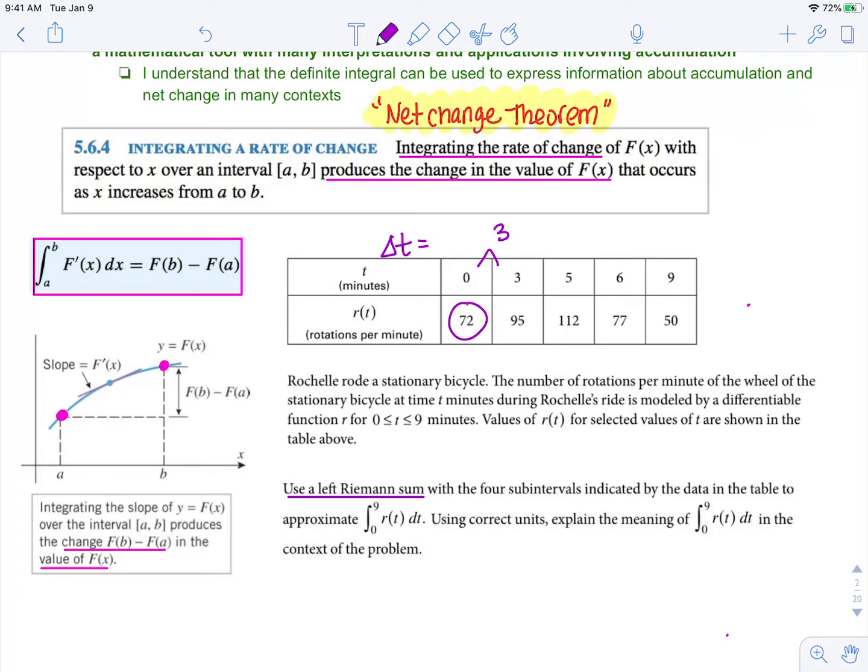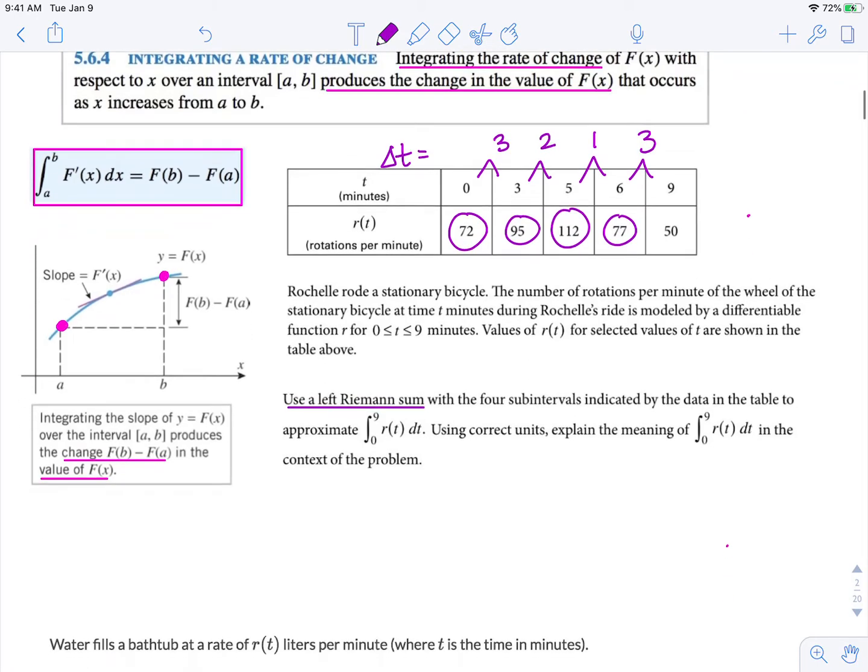Here it's 3 and my left height is 72. Here it's 2, my left height is 95. Here it's 1, my left height is 112. And here it's 3 and my left height is 77.